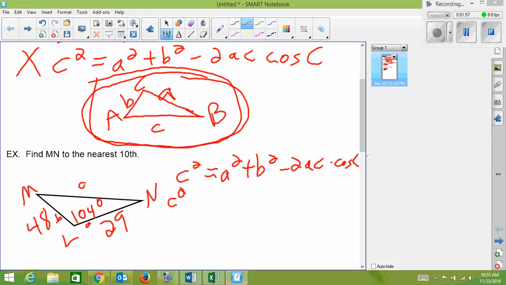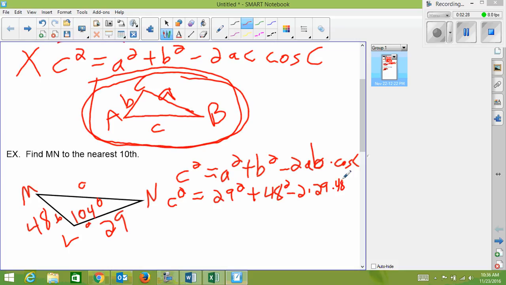So c squared equals, my a is 29 squared, my b is 48 squared, minus 2 times a, which is 29, times my 48, should be 2ab. I accidentally put c there. Cosine c.